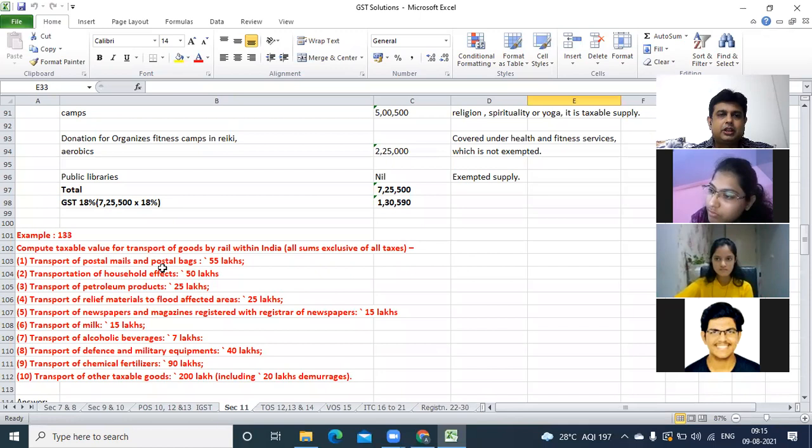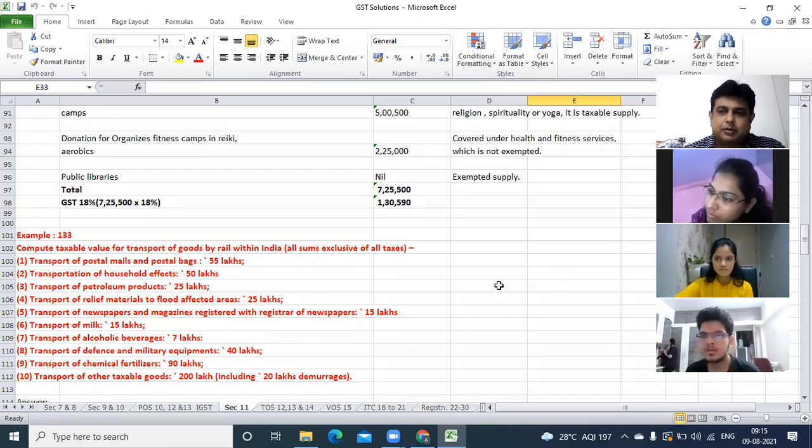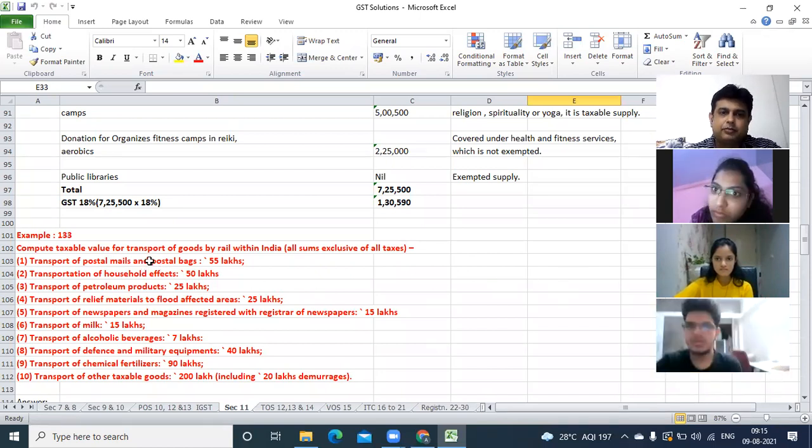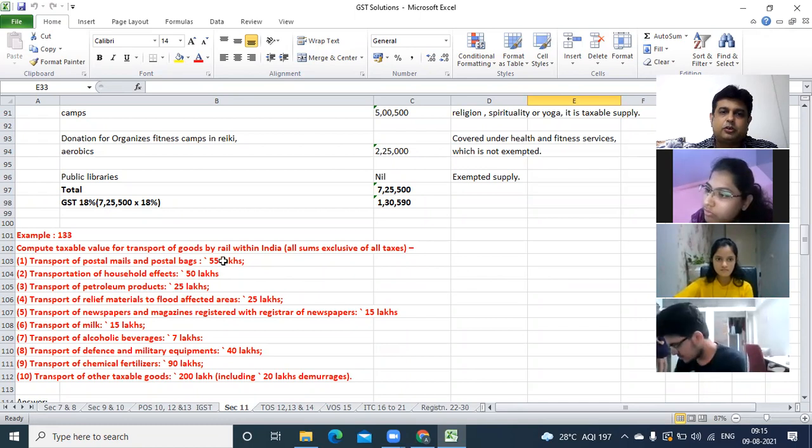So in this question, they wanted to ask only the taxable value, not the tax liability, of the transportation of goods by rail within India, all sums exclusive of all taxes. So there is no tax imposed on this. If it is inclusive, we have seen previous question. So then we have to divide by 118. But it is directly 18% to be charged as we did earlier.